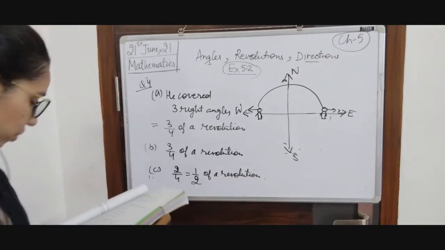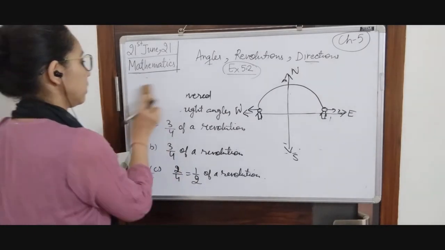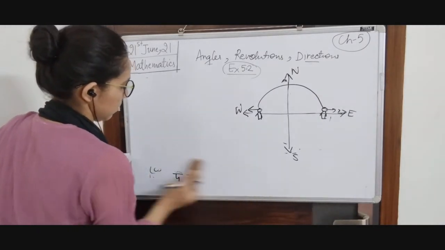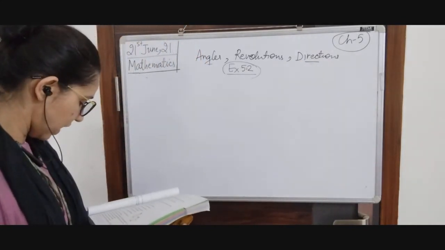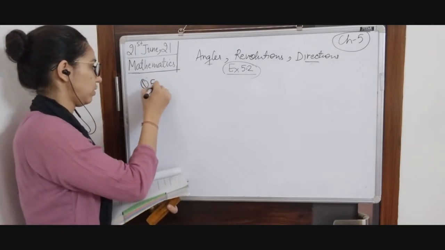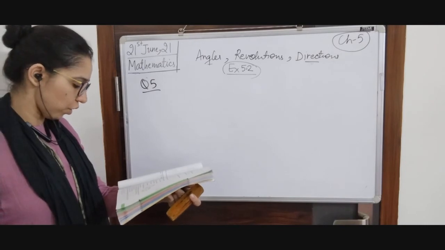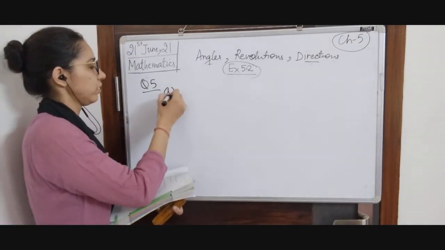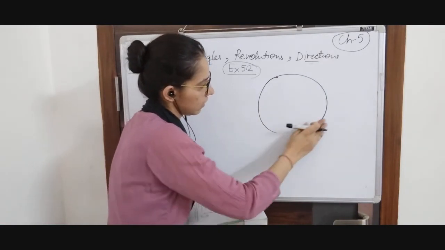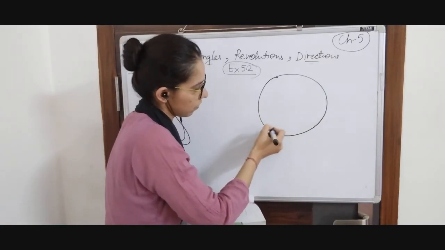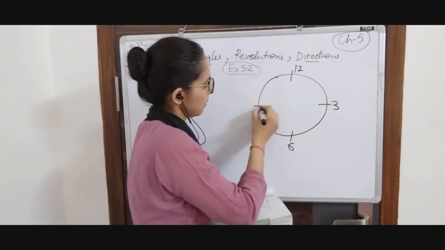Okay, this was your question number 4. Now question number 5. In question number 5, we have to find the number of right angles turned through by the hand of a clock when it goes from 3 to 6. So we have a clock, and in it we have 12, 3, 6, 9.